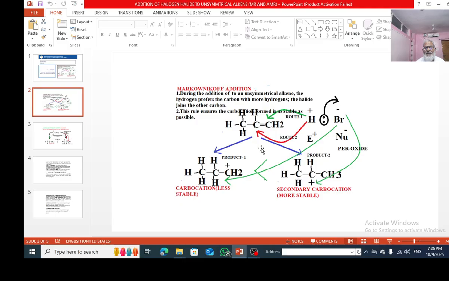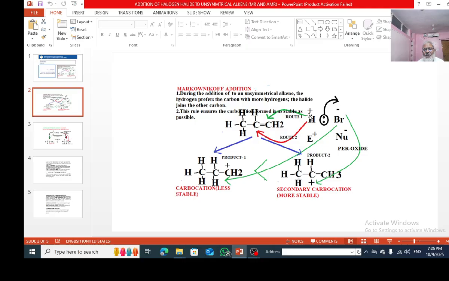Suppose there is a heterolytic cleavage. Heterolytic cleavage means both the shared pair of electrons between hydrogen and bromine moves towards the more electronegative atom, that is bromine. This bromine will acquire negative charge and hydrogen will acquire positive charge.